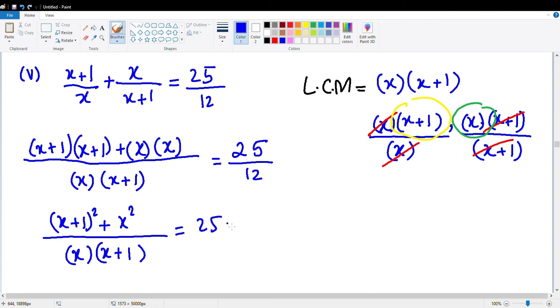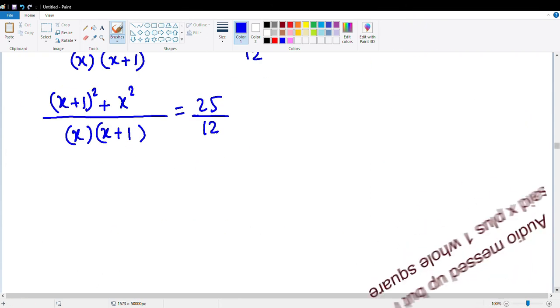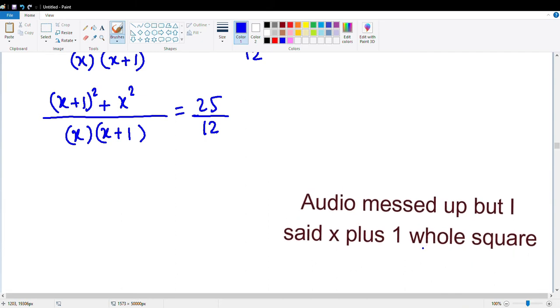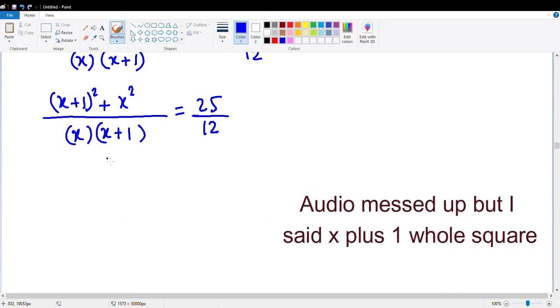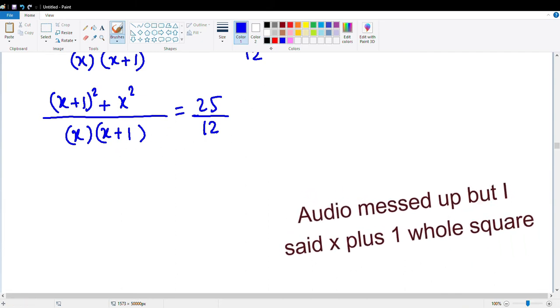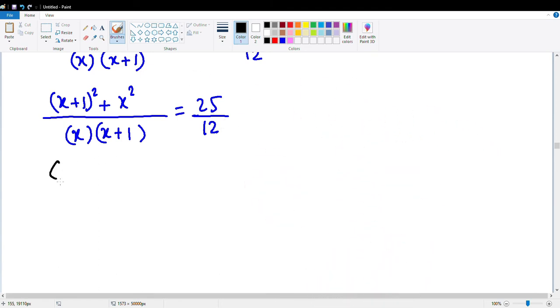equals 25. Now, while expanding this, the x plus 1 whole square formula, we're going to cross multiply the denominators, 12 and x into x plus 1. I'm going to say cross multiply denominators.